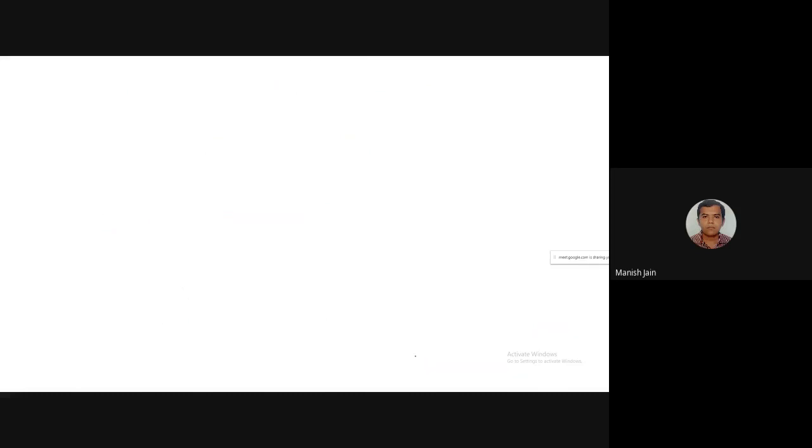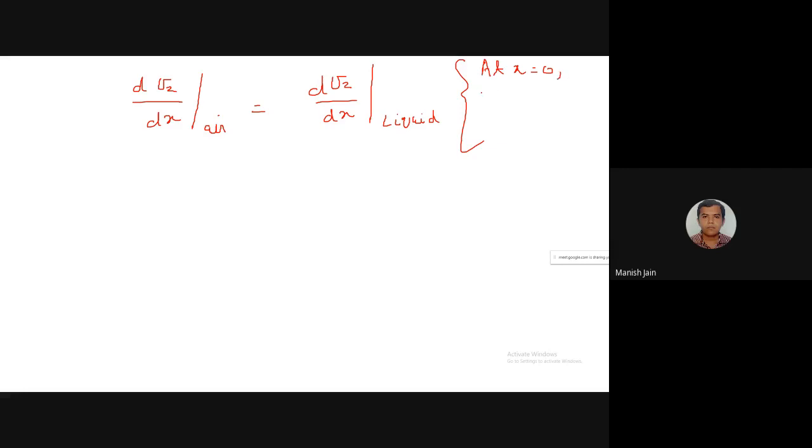So you can say dvz by dx air should be equal to dvz by dx liquid at x equal to 0, comma, liquid air interface.